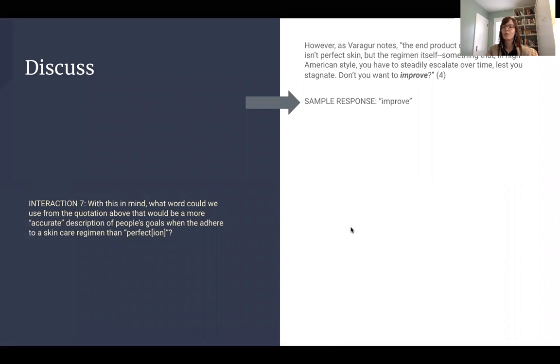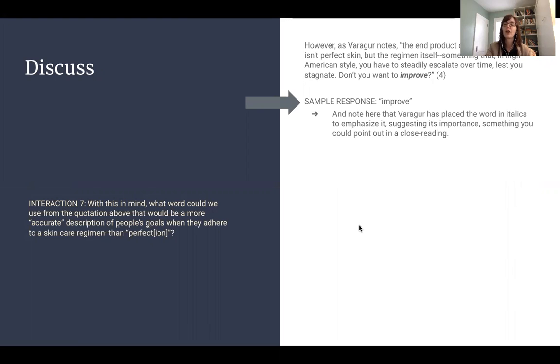Okay, so let's assume, and I'm sure many of you did respond this way, improve. So instead of achieving perfect skin, the focus of the regimen is on improving yourself. Note here that Vargar has placed the word in italics to emphasize it, suggesting its importance, and that could be something that you point out in a close reading, right?